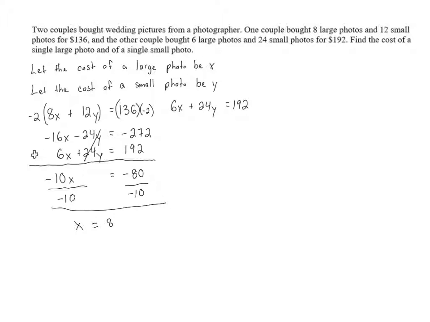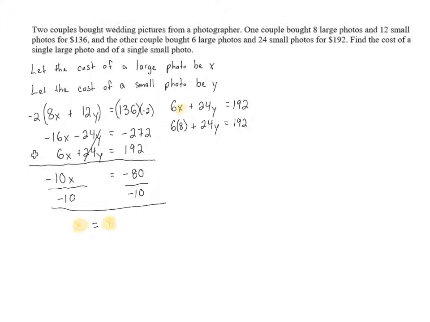But we also have to solve for y. So we're going to take this value, x equals 8, and substitute it into the other equation. If we take x and replace it with 8, that will allow us to solve for y. So we have 6 times 8 plus 24y equals 192.